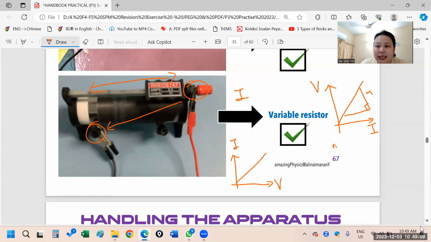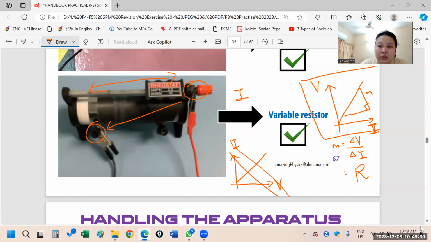The gradient is actually the change of V divided by the change of I, which is the resistance. So in Form 4 and Form 5, we use current as our x-axis and voltage as our y-axis. Alright, so we don't use this anymore.